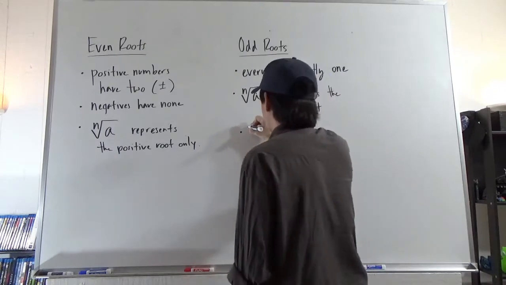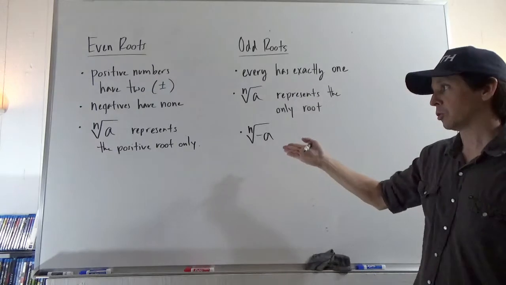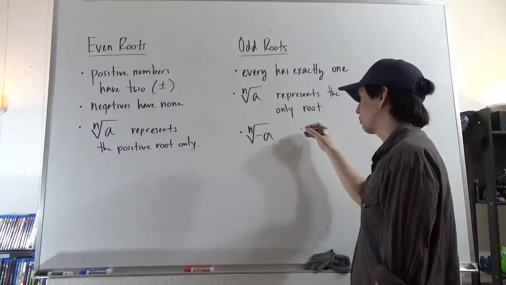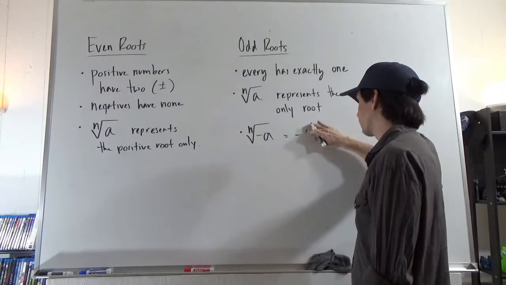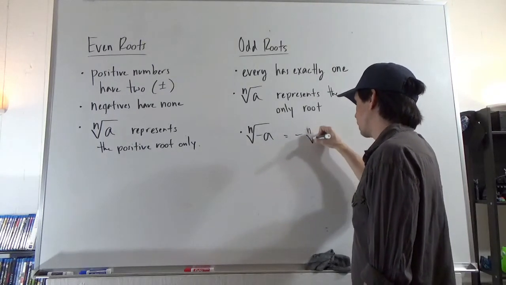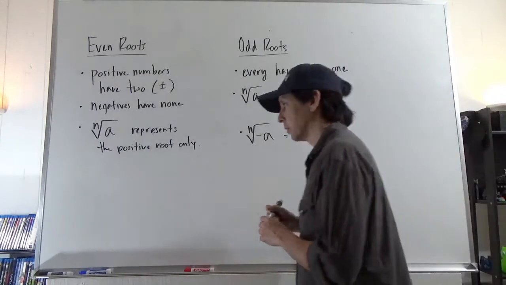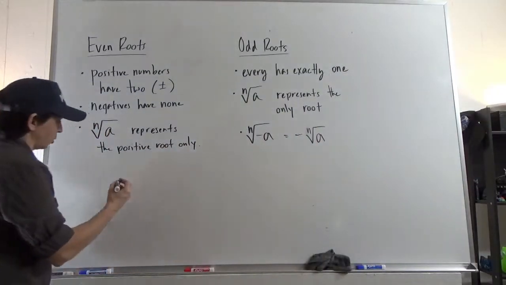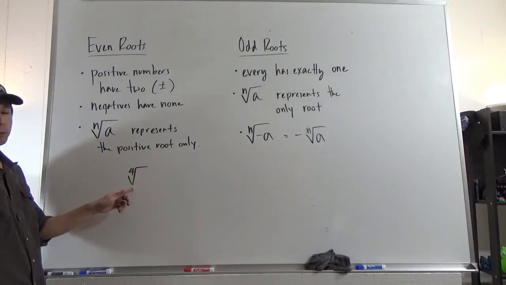And another thing is, if you do have a negative under there, which is allowed for odd roots, it's not going to be allowed for even roots, but it is allowed for odd, we'll see some examples, you can pull that negative out. And just focus on doing the nth root of that a, if n is odd. So this will apply to fourth roots, and it'll look like that, with 4 as your index.